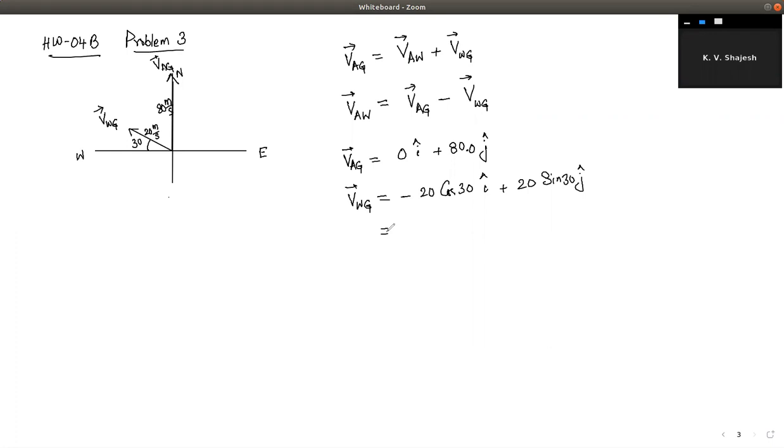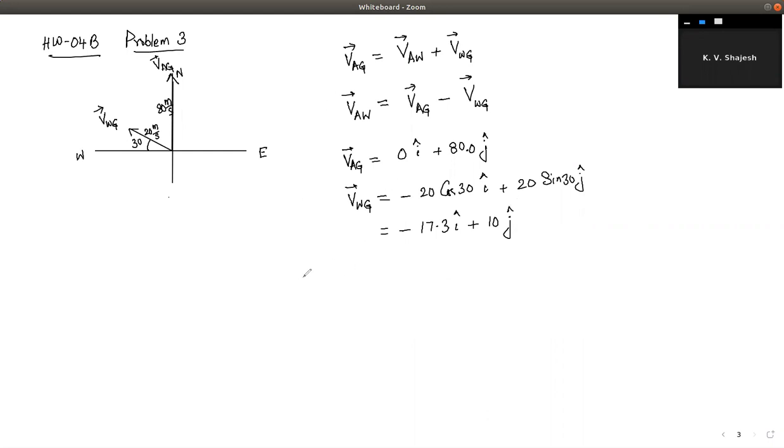Cosine 30 is 0.87, so to 3 sig digits multiplied by 20, it's 17.3. So that's minus 17.3 meters per second plus 20 sine 30, which is half, so it's plus 10 j hat.